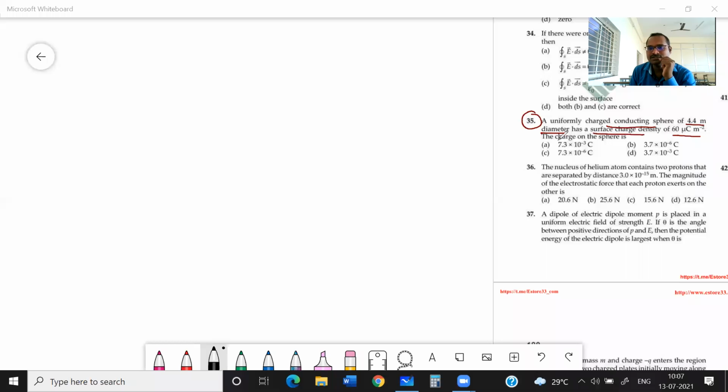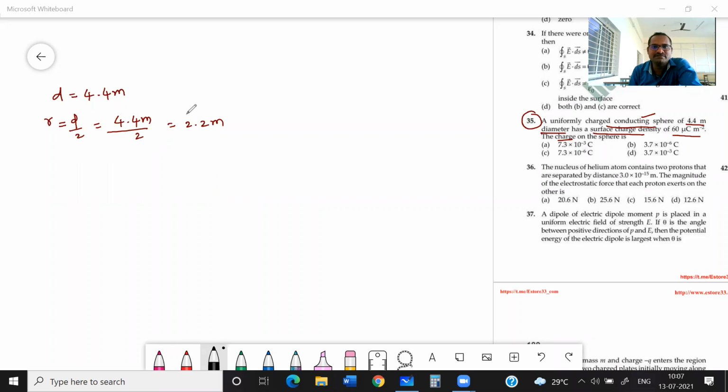Then what is the charge on the sphere we need to find? The diameter is given as 4.4 meters, so what will be the radius? As you know, it is half of the diameter, 4.4 meter by 2, which is nothing but 2.2 meters.